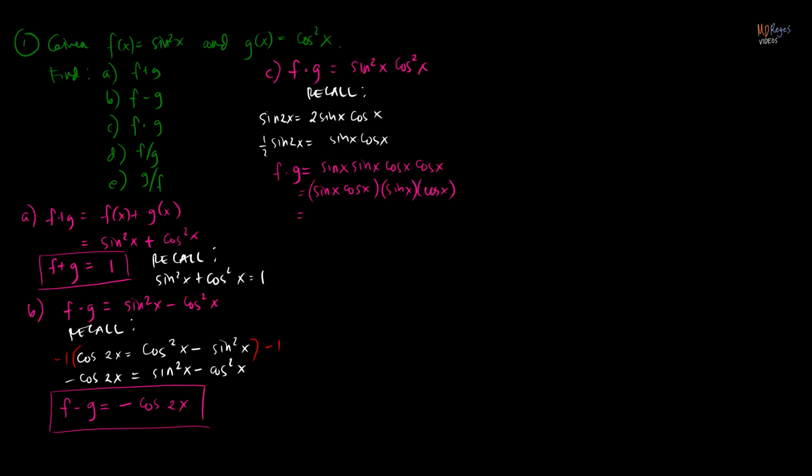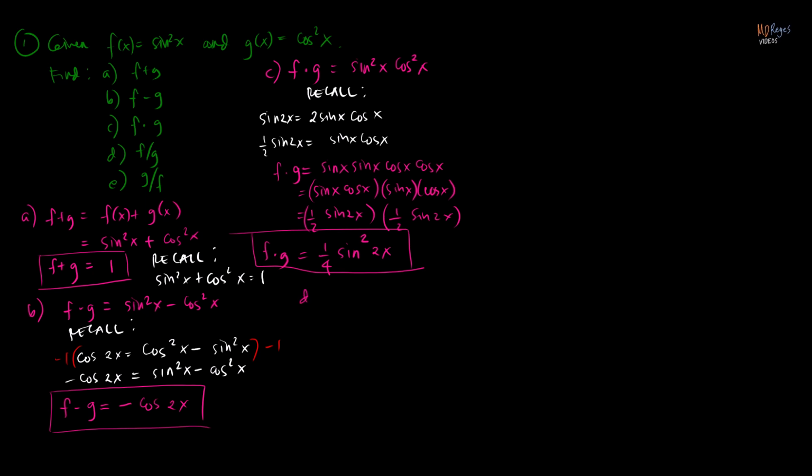According to this encircled part, sine x cosine x is 1/2 of sine 2x, and the other sine x cosine x is again 1/2 sine 2x. Multiplying 1/2 sine 2x by itself, 1/2 times 1/2 is 1/4, and sine 2x times itself is sine 2x squared. So this is f times g in simplified form.